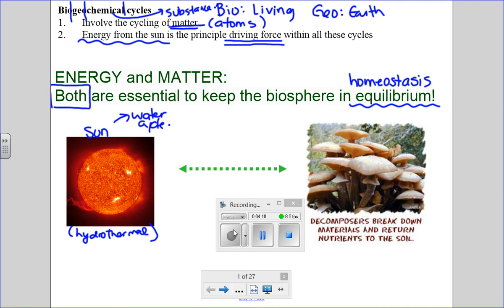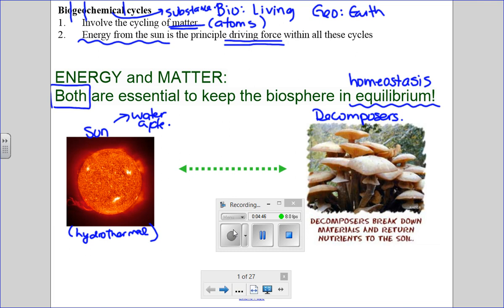And so for water to keep cycling and to keep transporting things around the planet, we need the energy from the sun. But we also really need decomposers. Decomposers are the things that at the end of a food chain break down materials and return nutrients to the soil. For us to have a place for the energy to do its stuff, we have to have nutrients available to cycle.